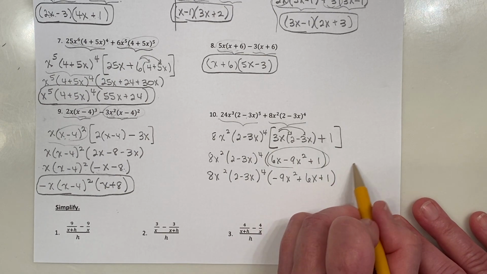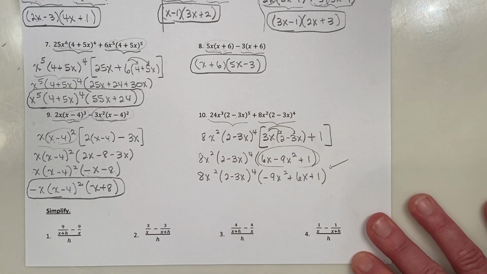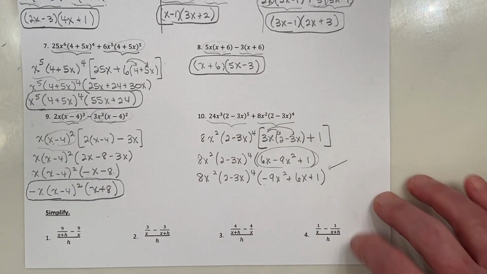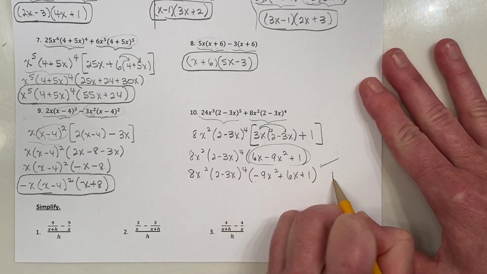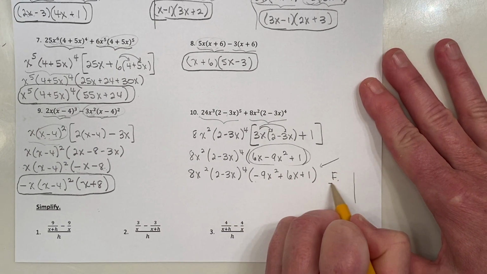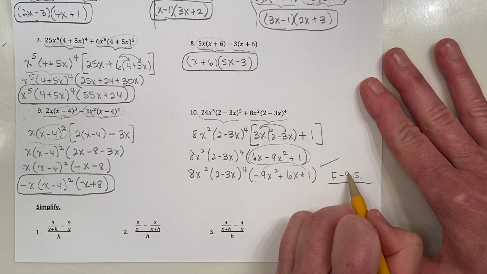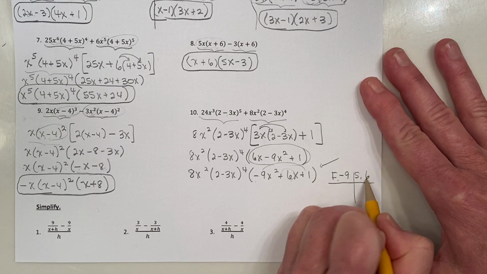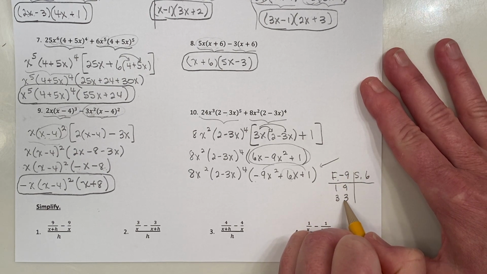I would probably want to make sure that this trinomial doesn't factor like I did previously, like factor by grouping. And here's how you know if that trinomial will factor or not. There's not a GCF, but let's go to your factor sum chart and you'll see what happens. We're looking for factors of -9 that sum to 6. Well, the factors of 9 are 1 and 9 and 3 and 3.